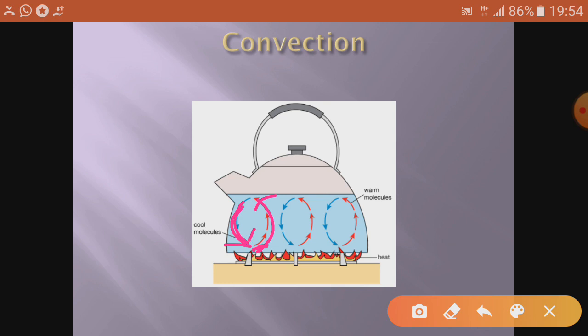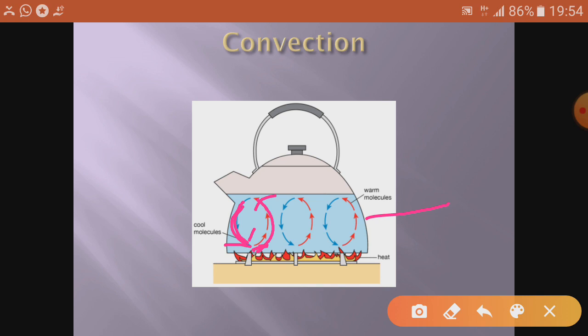In this way, a kind of convection current is created. So this is how the transfer of heat takes place in the case of liquids with the help of convection.